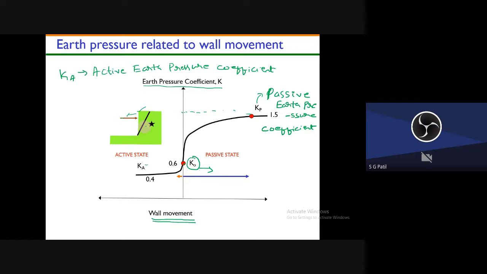By allowing that, what benefit will I get? My cross-section area of these walls will reduce drastically. I can save a lot of money here. Those kinds of circumstances you will also encounter in the field. And in certain circumstances, you have to design the wall for the passive earth pressure. So all these three kinds of scenarios we will come across in the field.